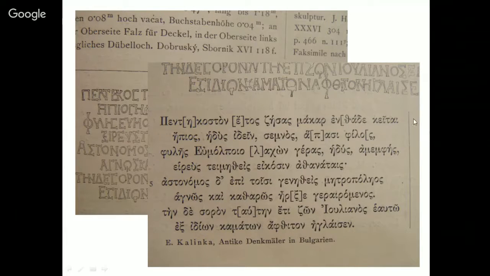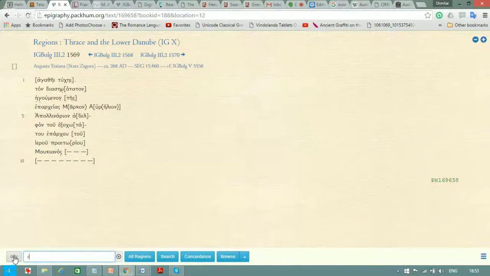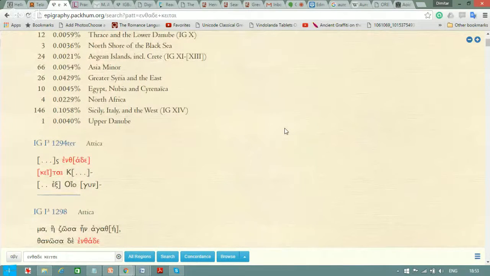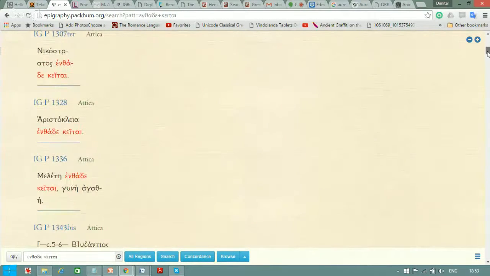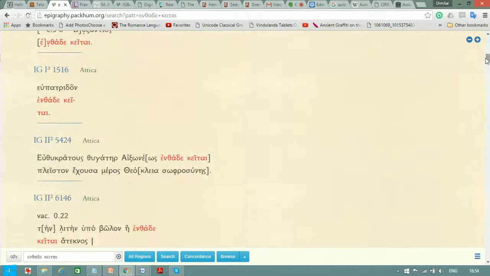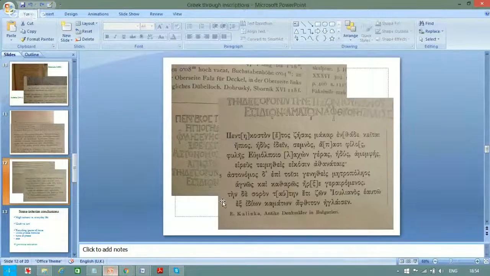And if you search, for example, in the Epigraphic Database of the Packard Humanities Institute for a formula such as entade keitai, which is very trivial for metrical and not only metrical inscriptions from the whole Greek world, you will see there are a lot of examples. So you don't need to search for formulas like this. They are so common that you don't get any information when you search for something like them.